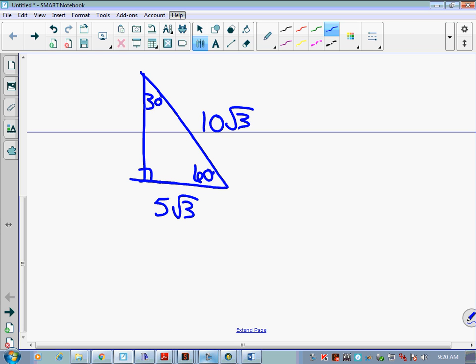Okay, what is my opposite 60 side going to be, or how would I find it? 5 radical 3 times radical 3. Can you tell me what radical 3 times radical 3 is? 3. So I'm going to get 5 times 3. So what is my side opposite? 15. Okay, my answer here is 15.